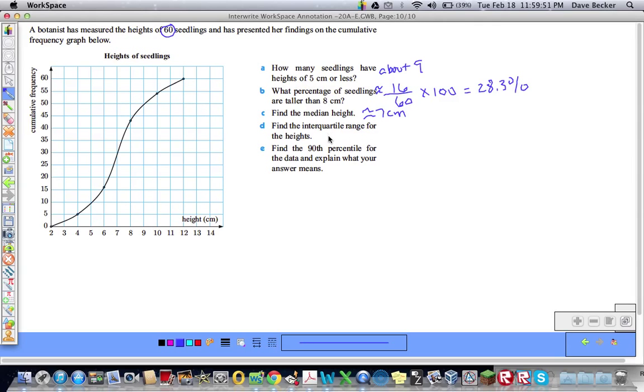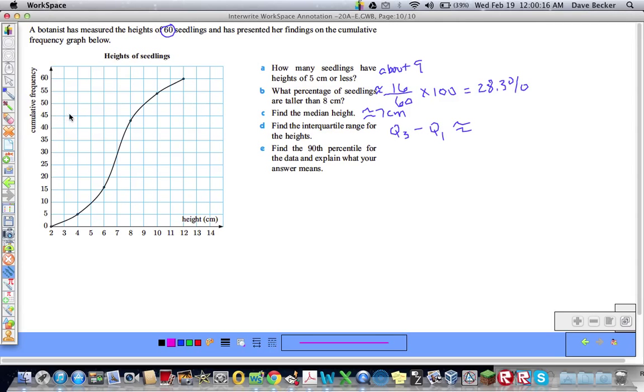Okay. Find the interquartile range for the heights. Well, the interquartile range is Q3, the third quartile, minus Q1, the first quartile, which is approximately equal to, well, the third quartile is the median of the upper half of the data, and that is going to be the 45th seedling.